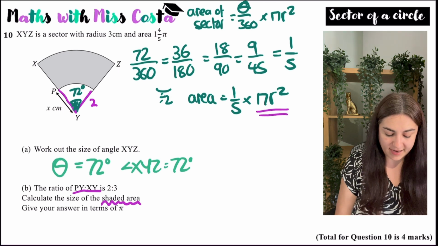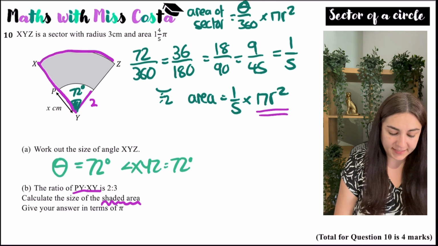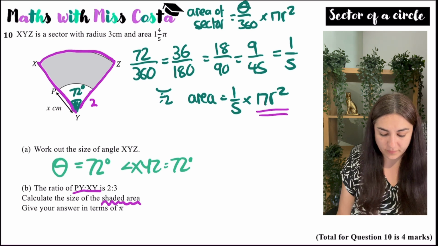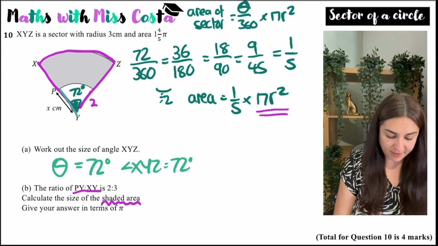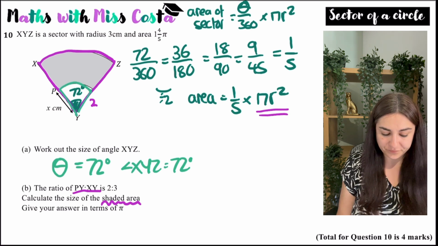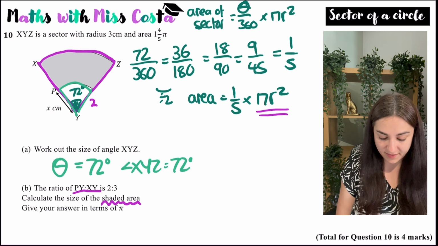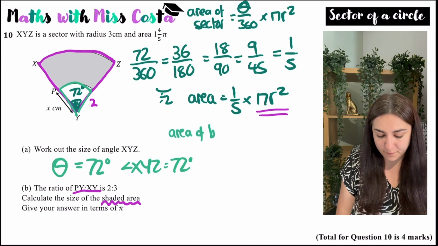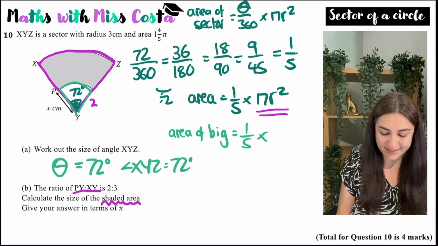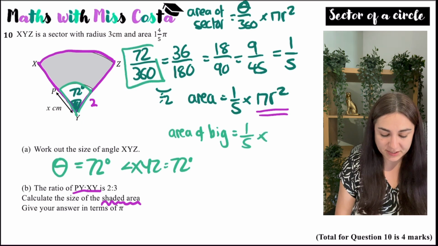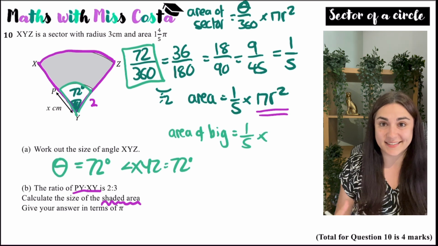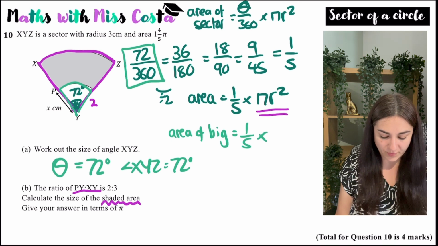So the shaded area is going to be the area of this whole sector minus the area of this little sector here. They both have the same angle, so I can multiply both of them by 1/5. So area of big sector is going to be 1/5 times by pi r squared. If the fifth thing is confusing you, just use 72 over 360. I just did it to simplify the numbers.